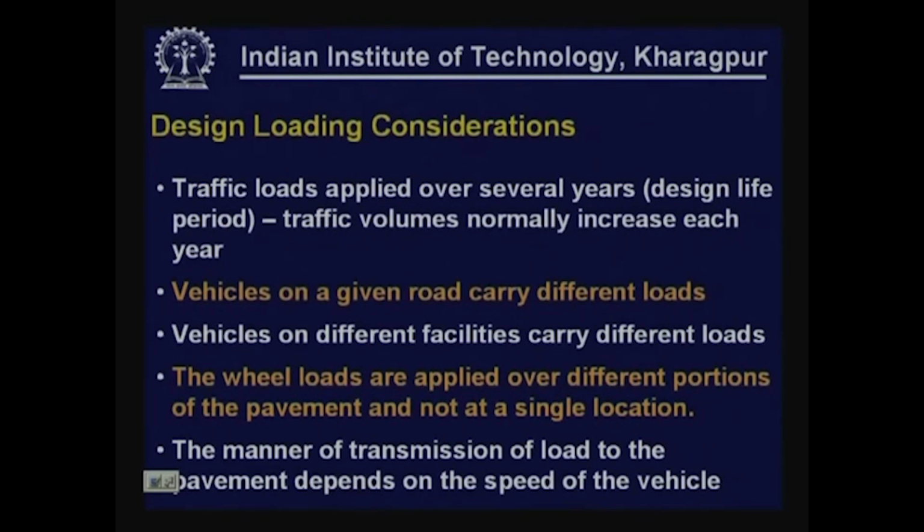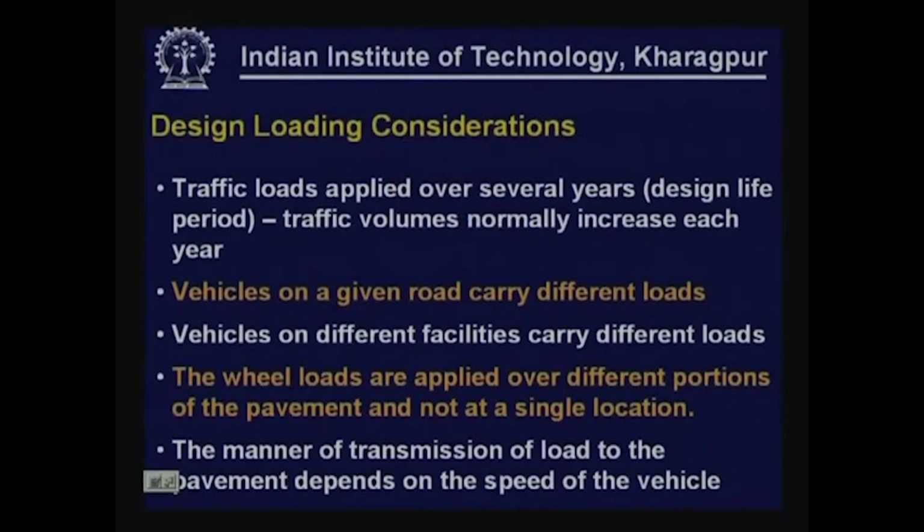All these wheels do not pass through the same point. That means a particular point on the pavement does not carry all the wheel loads of all the vehicles. They get distributed over various points on the pavement. Also, the manner of transmission of load to the pavement depends on the speed of the vehicle.